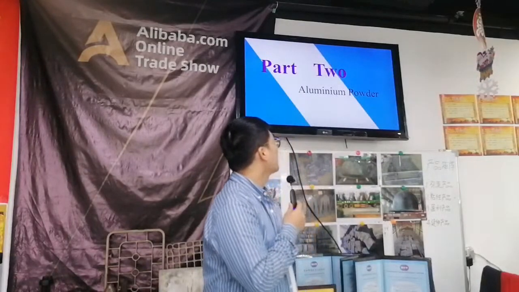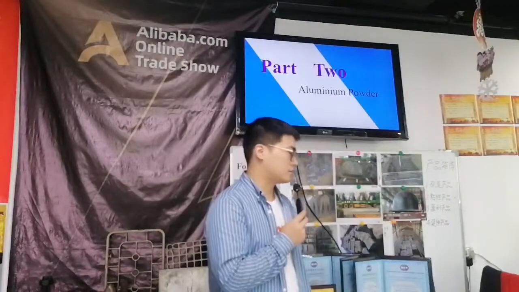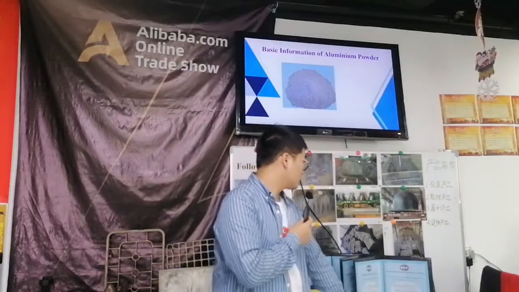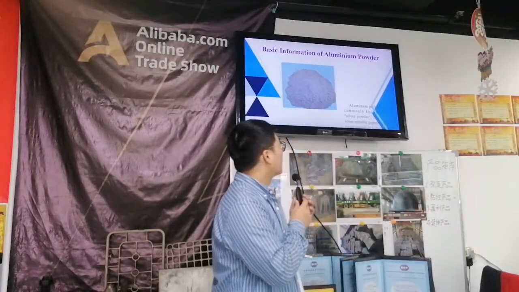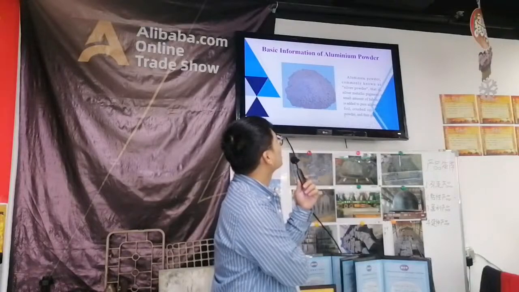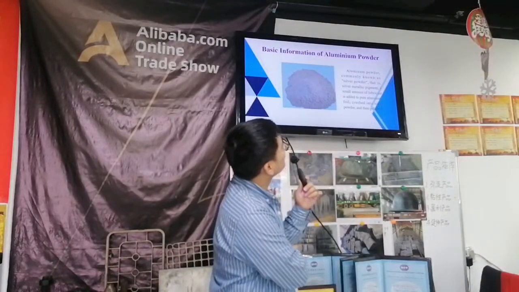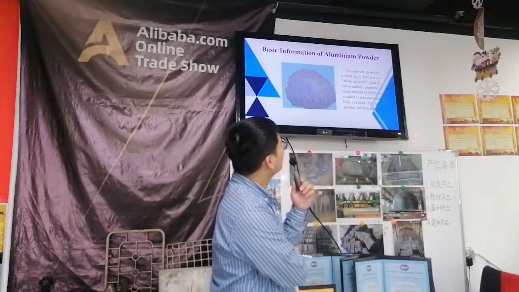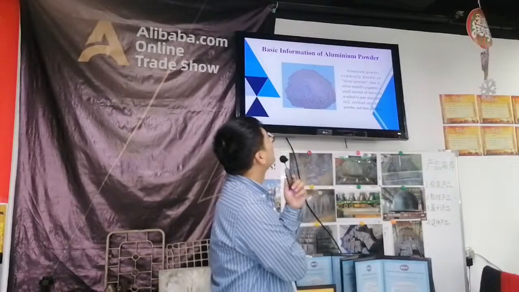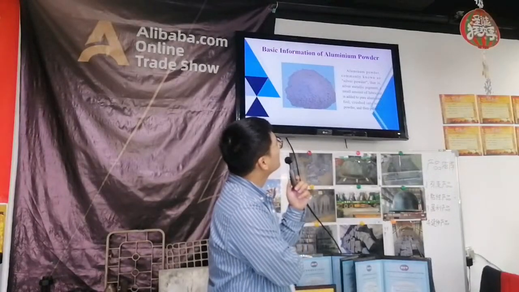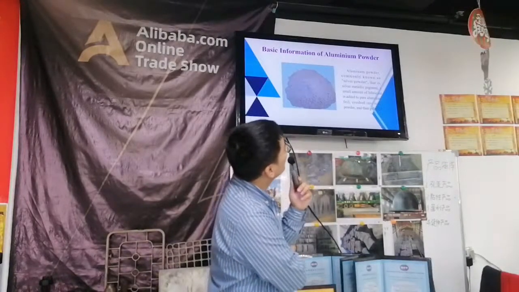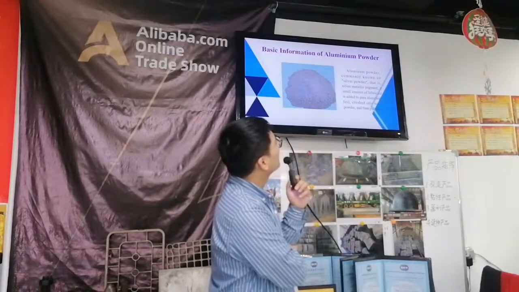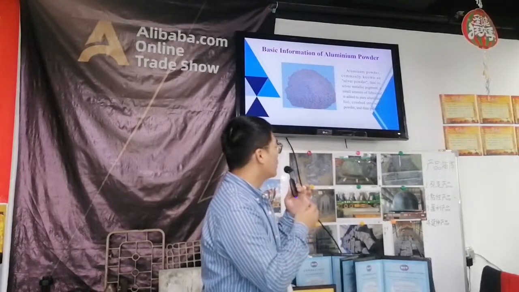And the second part is aluminum powders. As we know, the aluminum powders, commonly known as silver powders, that is silver metallic pigment, a small amount of lubricant is added to create aluminum foil, crushed into scaly powder and then polished.